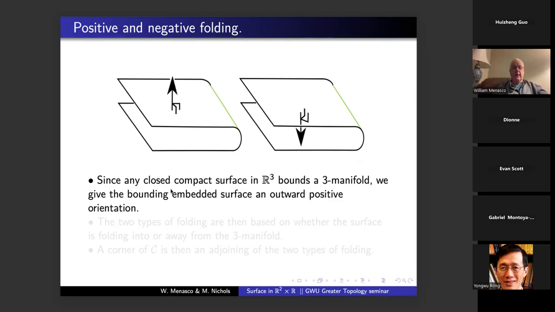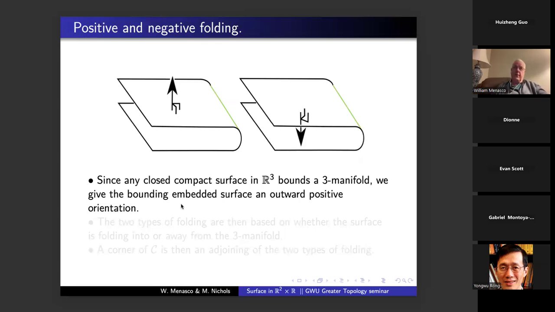Since we're dealing with a closed compact surface in R3, it bounds some three manifold, a handlebody maybe, or if it was a copy of the two sphere, it bounds a three ball.